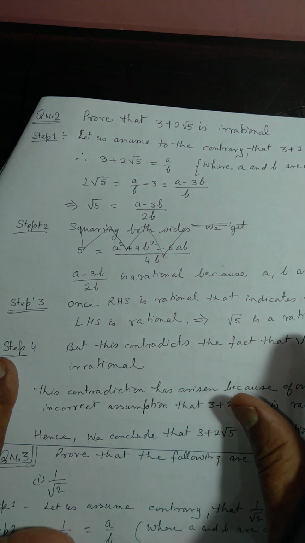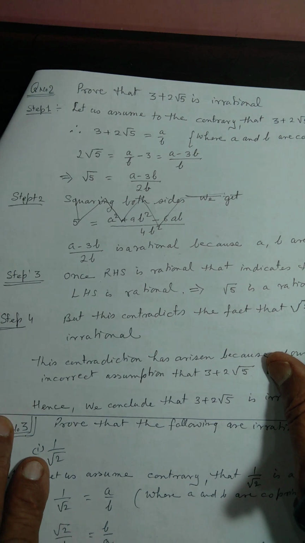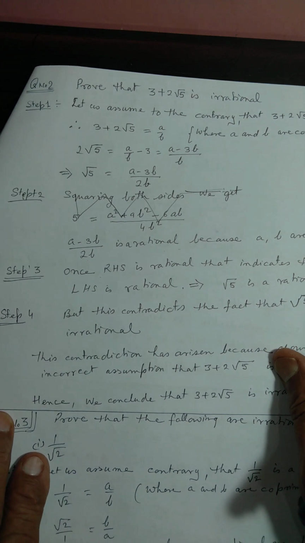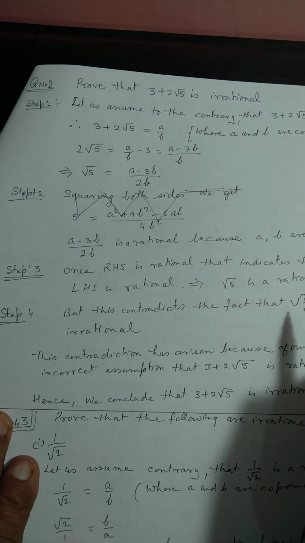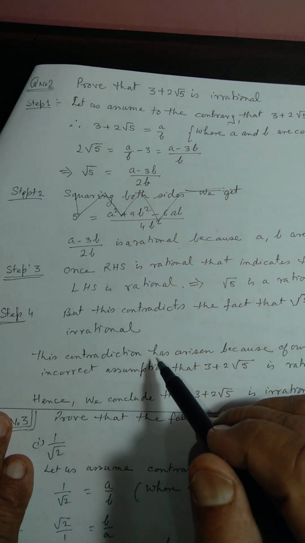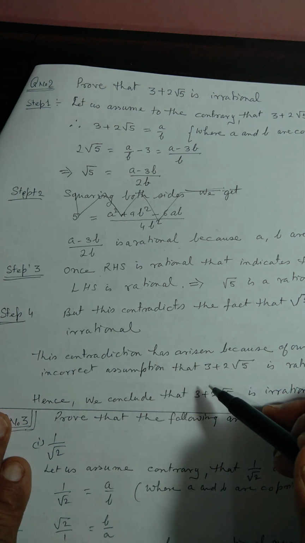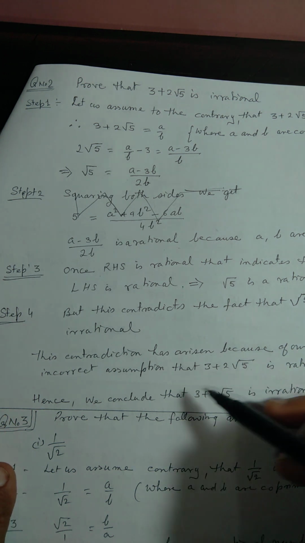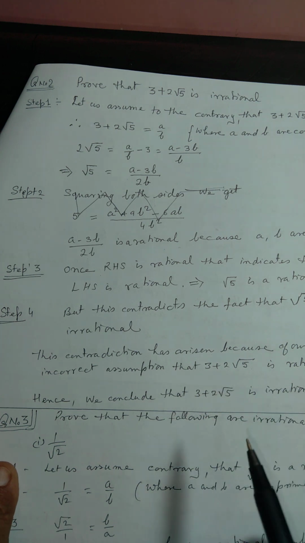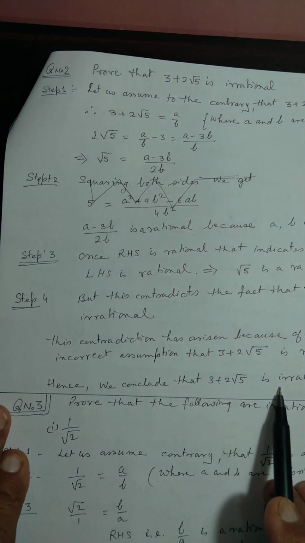But this contradicts the fact that root 5 is irrational. It is already proved that root 5 is irrational. This contradiction has arisen because of our incorrect assumption that 3 plus 2 root 5 is rational. Hence we conclude that 3 plus 2 root 5 is irrational.